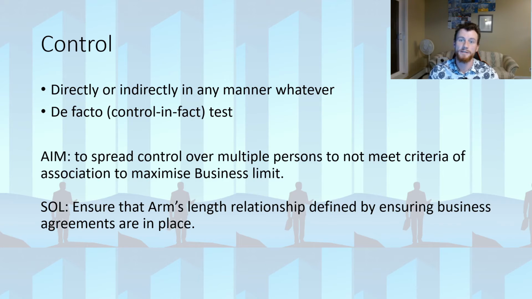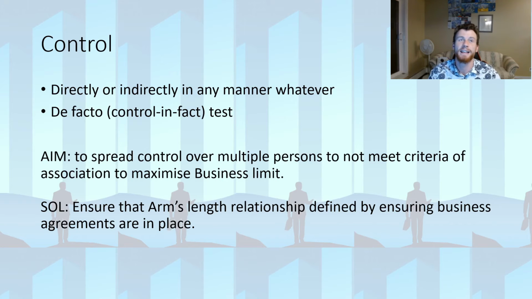A surefire way of doing this is ensuring that an arm's length relationship is occurring. Even if you're doing business with a corporation that your partner is owning and running, make sure that there are agreements set up and invoices in place. This confirms the concept that it is an arm's length corporation.